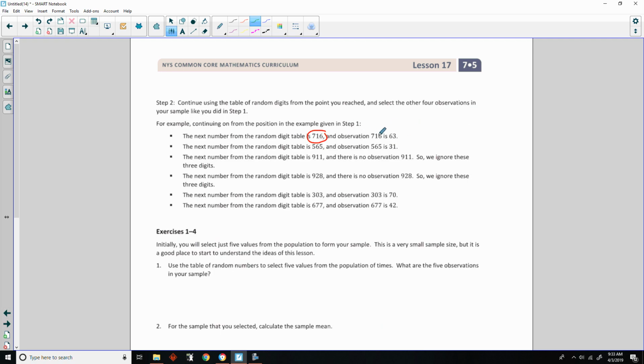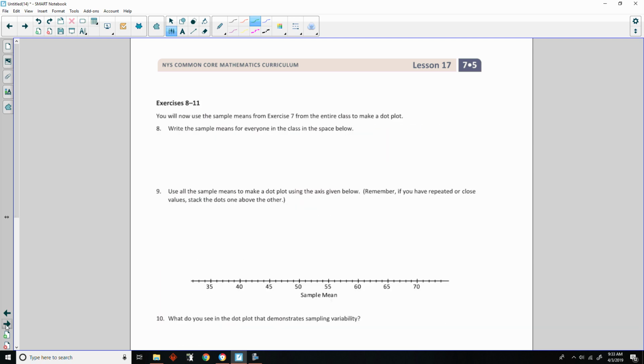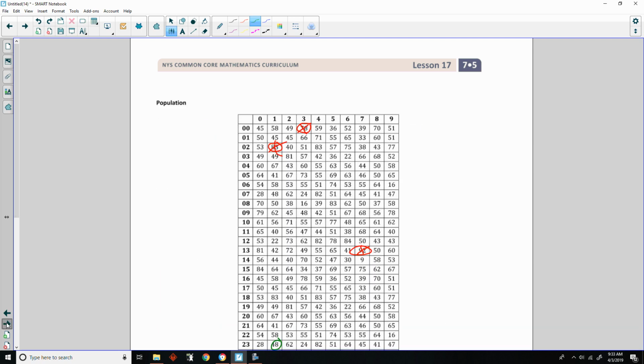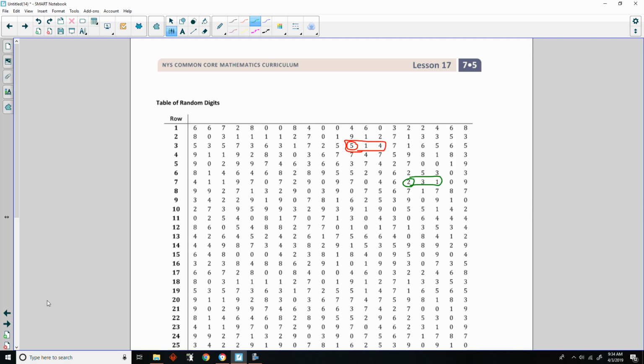So 716, observation 716 is 63. The next number from the random digit table is 565. Okay, so they're just telling us what the three numbers they did. So they didn't do 7, 1, and 6 to get to 231.